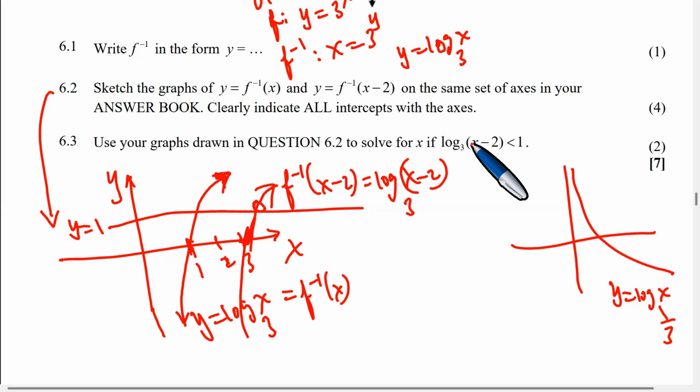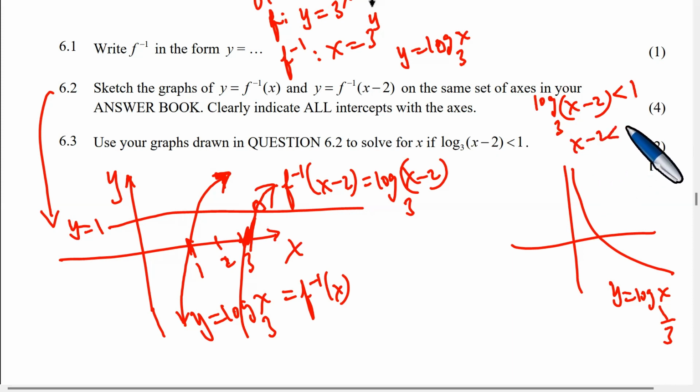Right, so look. Which means x minus 2 is less than 3 to the power 1. Okay, you can move this one. 3 to the power 1, which means x is less than 3 plus 2 is 5. Okay, which means x is less than 5.